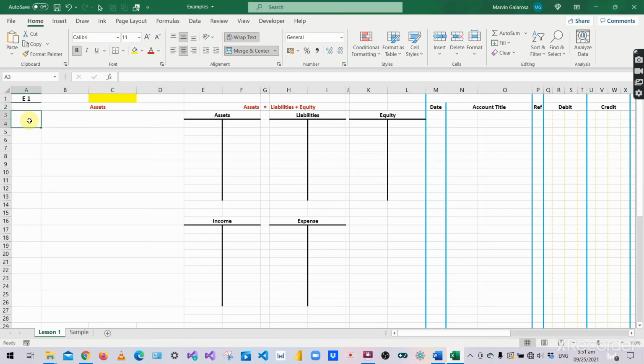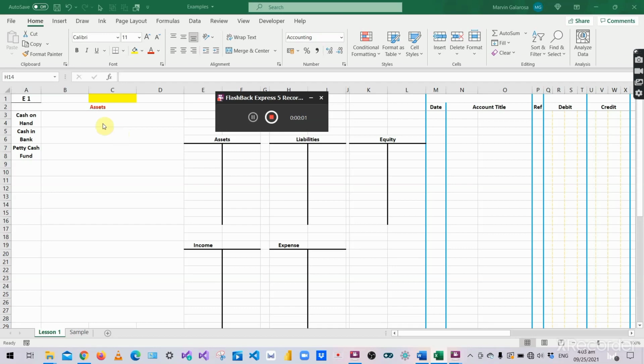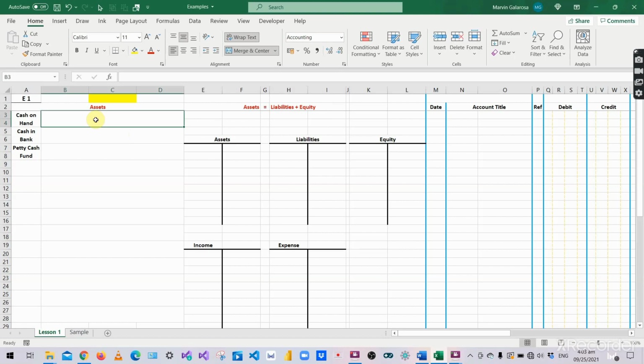Cash can be cash on hand, cash in bank, and petty cash fund. Define natin bawat account. First would be cash on hand.